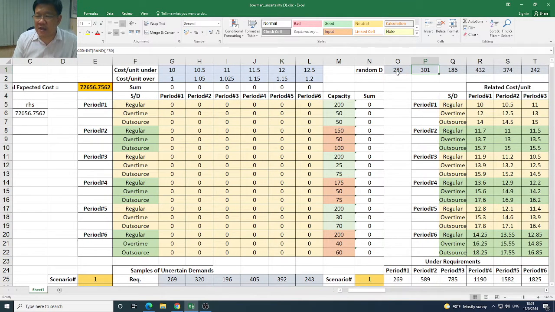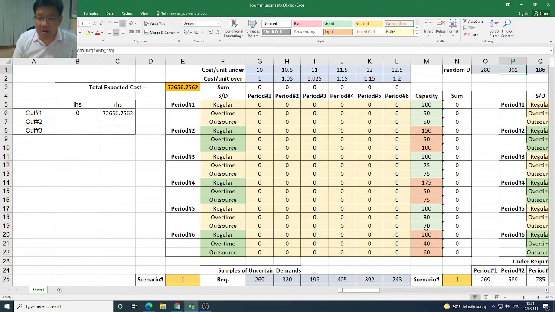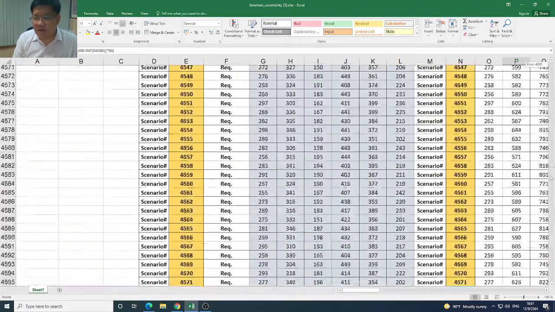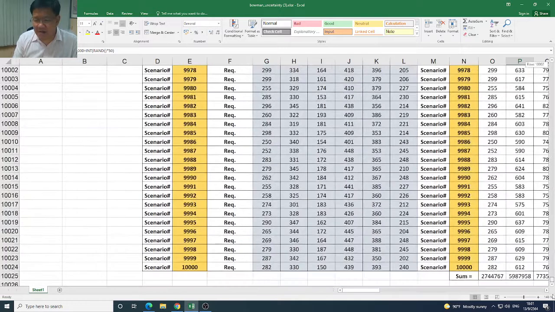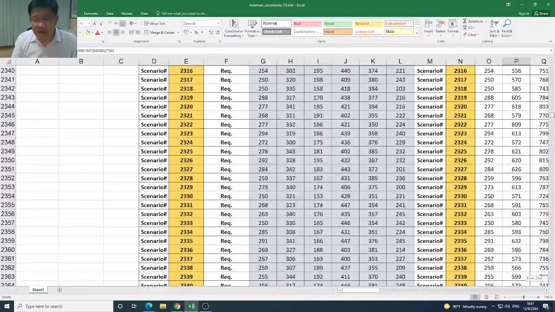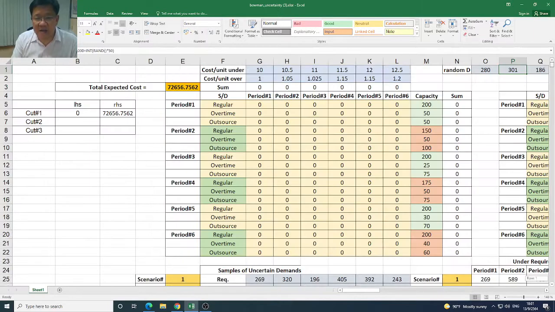So 50 times 50, or 50 to the 6th power. That can be a very large positive number. But we didn't generate all possibilities. We only generate around, I think in this case, 10,000 scenarios.